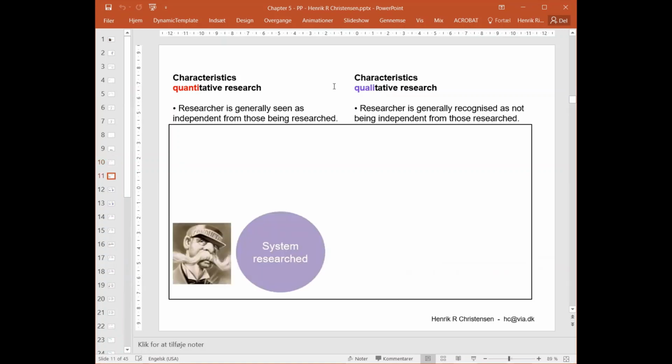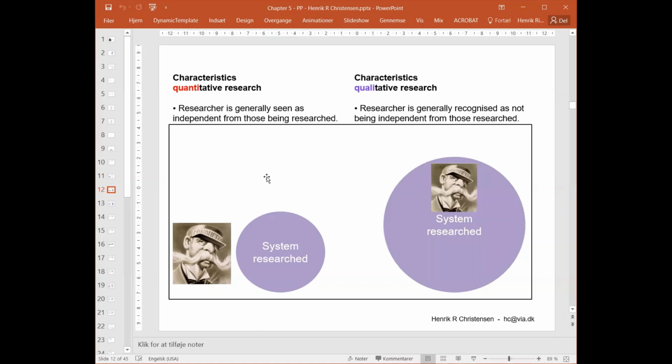Looking at quantitative research, this is the idea of a researcher who is outside the system. This little circle here illustrates the system that we might research. It could be a case, it could be anything. And when we are doing quantitative research, the researcher is generally seen as independent from those being researched.